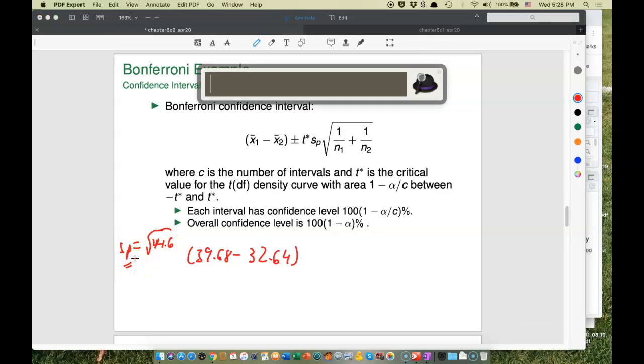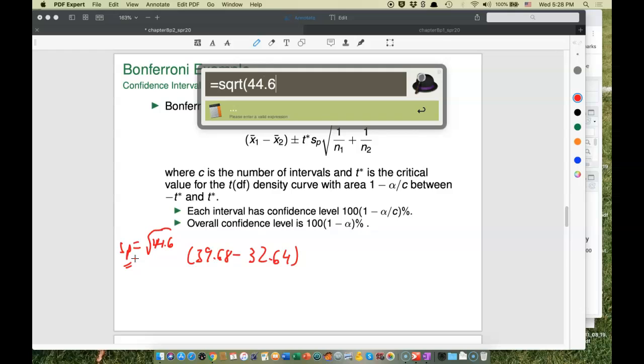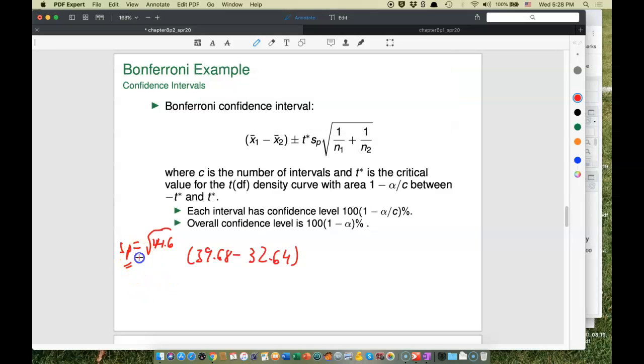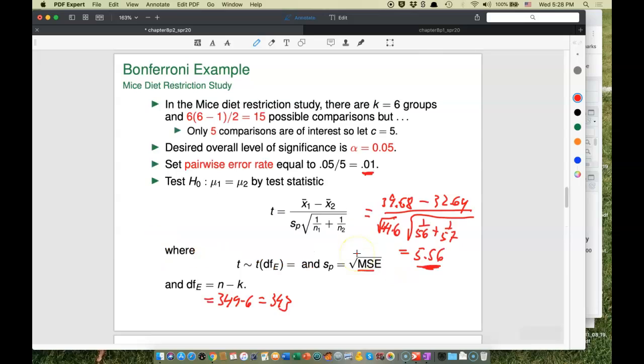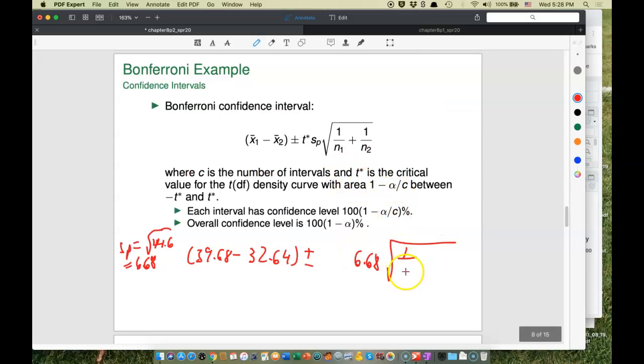So we've got it handy. It's the square root of 44.6, which is 6.68. So we've got plus or minus something times 6.68 times the square root of 1 over, was it 56 plus 1 over 57?